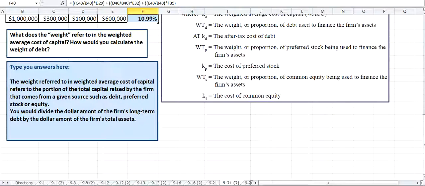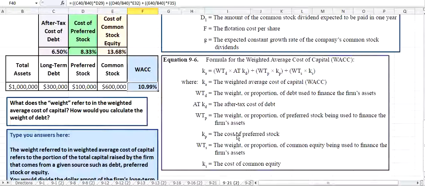I really want you to know what it means when we say weight. If you read the answer, I'll let you read that. You can look at the formula and see what it means when you weight each of these.